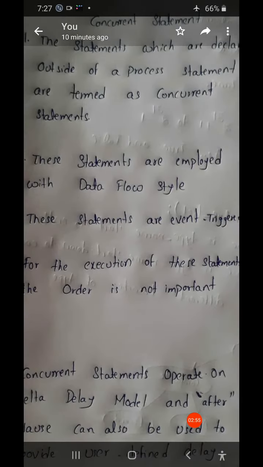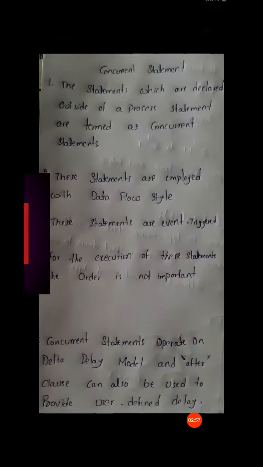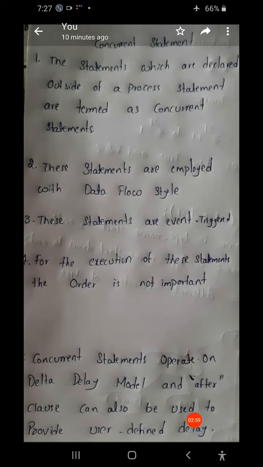Now coming to the fifth one, the concurrent statements operate on the delta delay model. What is the delta delay model? That we'll discuss in the next classes. The concurrent statements operate on the delta delay model, and the after clause can also be used to provide a user defined delay.